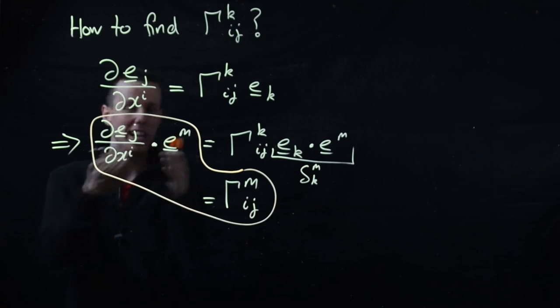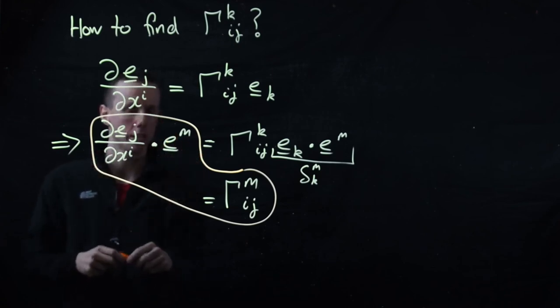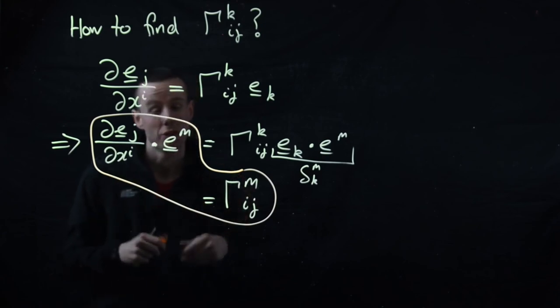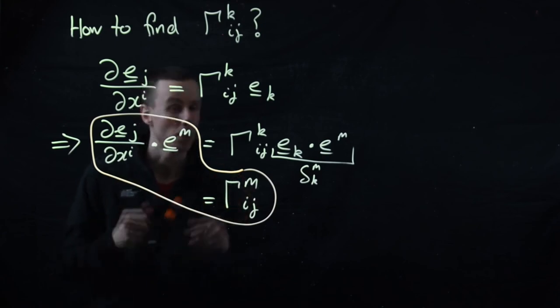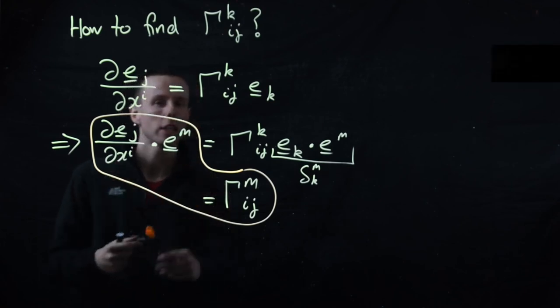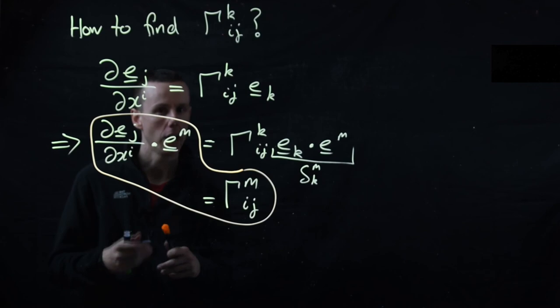But at any rate, in principle, this is how it's done. And I say in principle because in reality, we will never do it this way. To do it like this is very difficult, and the algebra can become very messy very quickly.